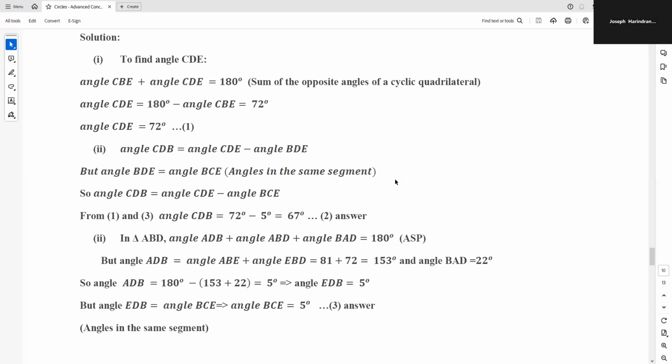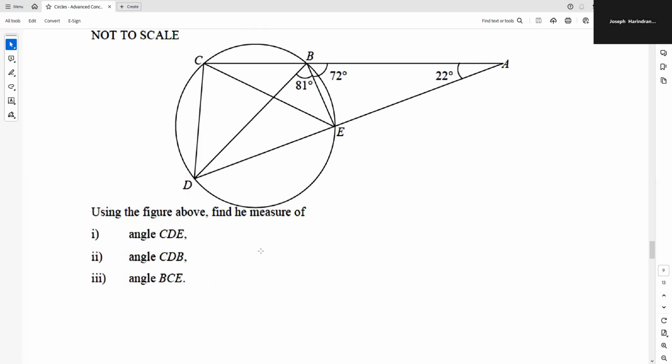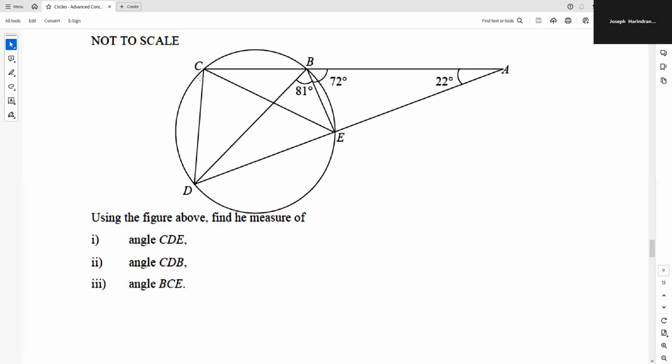But we'll jump to the third part. The third subpart is a little bit easier to solve than the first part. It is finding angle BCE. Use the angles in the same segment.